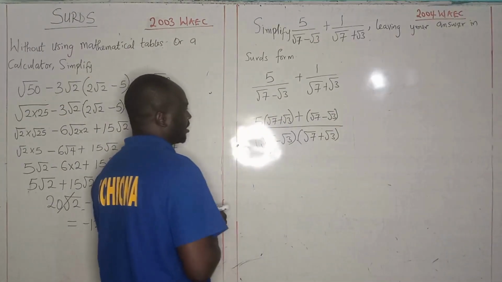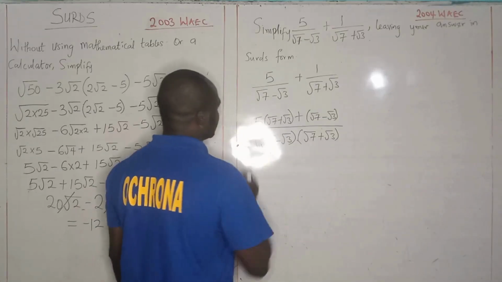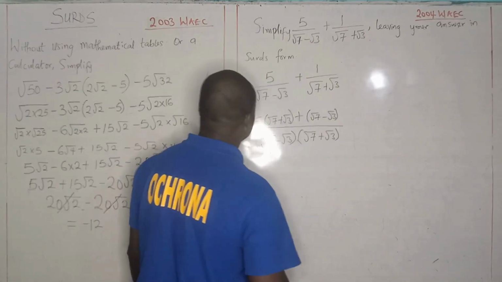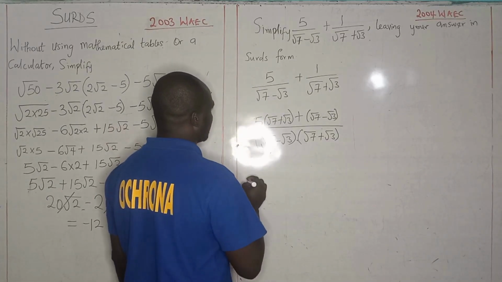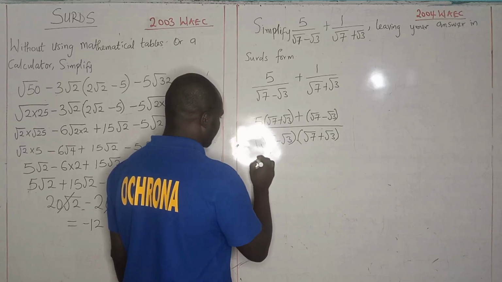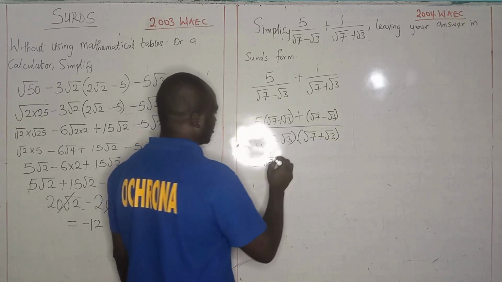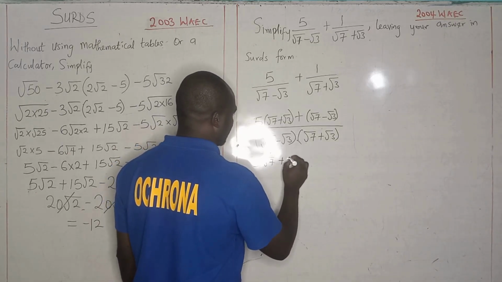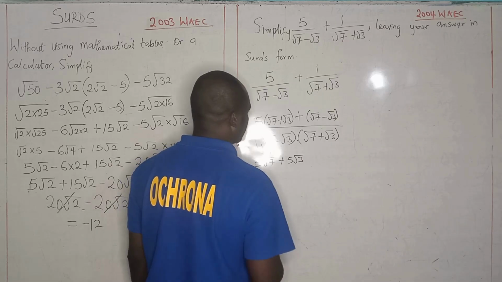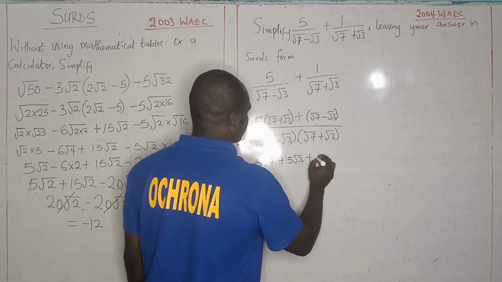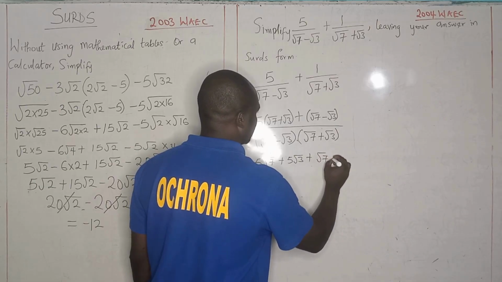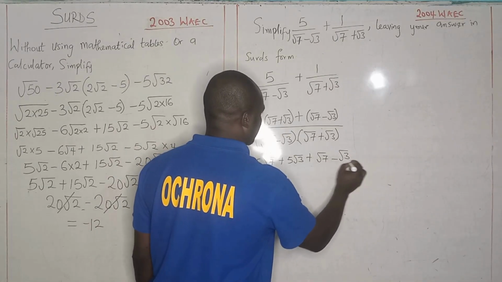Now let's expand. Expanding the numerator, we have, that will give us 5 root 7 plus 5 root 3 plus root 7 minus root 3.